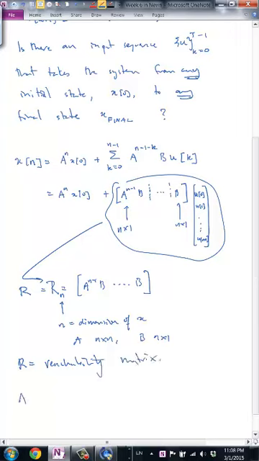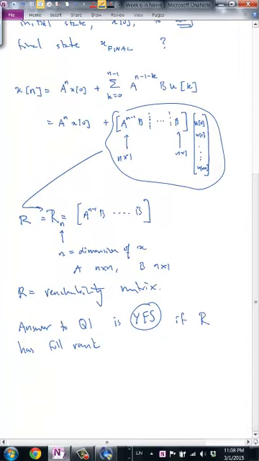And we saw in class that the answer to this question is yes, as long as R has full rank, which is equivalent, since R is a square matrix, to the determinant of R being different from 0.